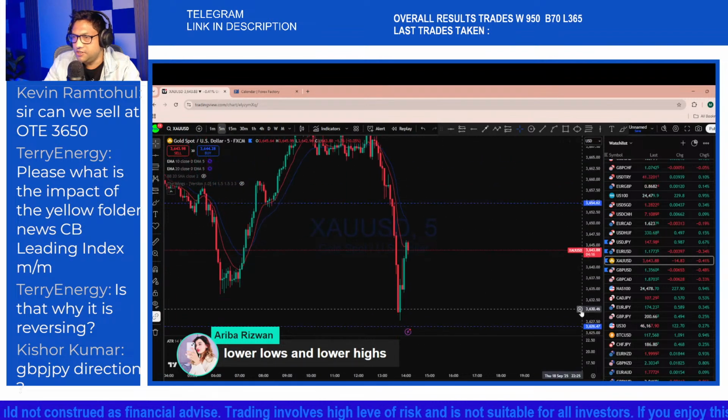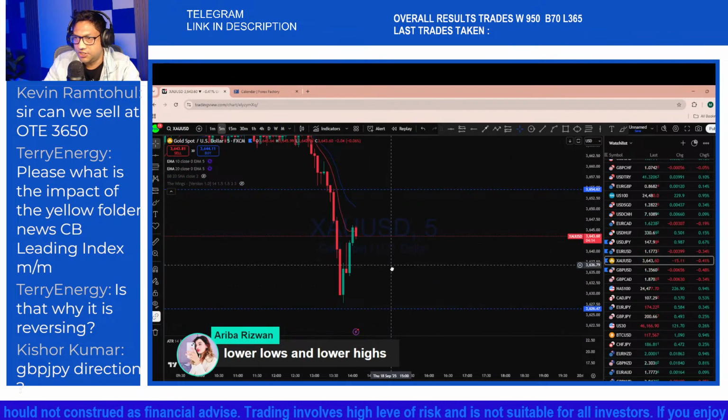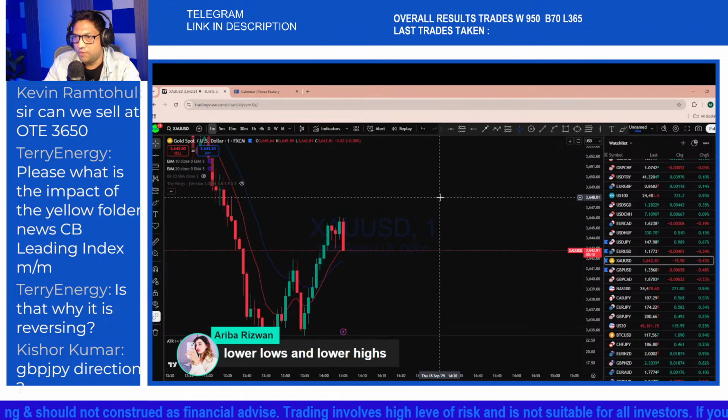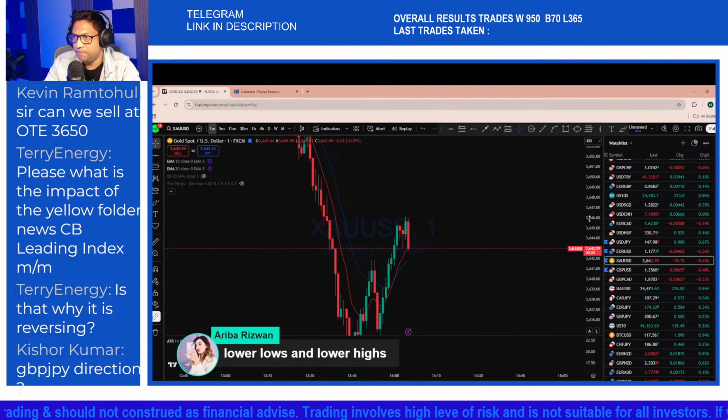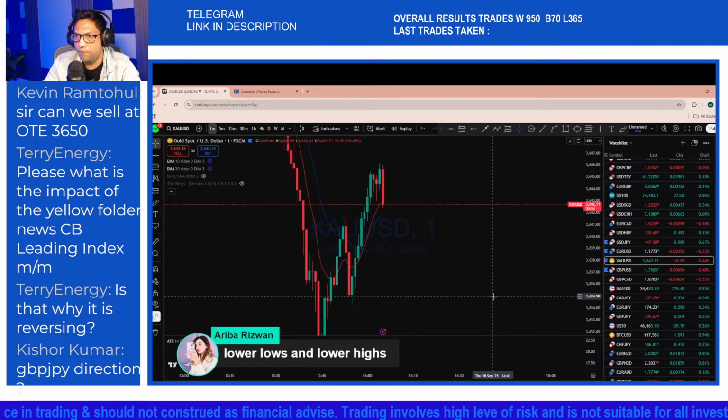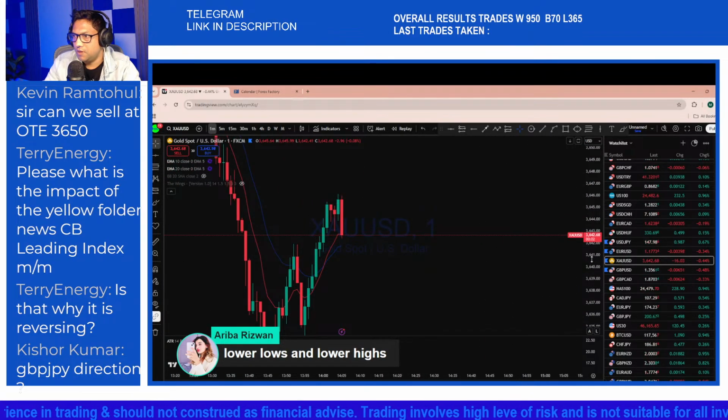If the market is getting that rejection again from that high, where a 1 minute bearish engulfer is being formed here, we could see the market drop back below this support level.